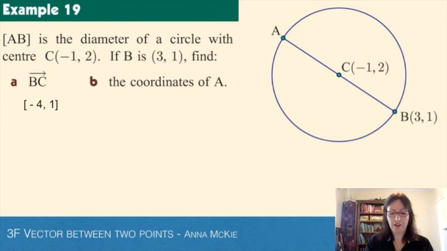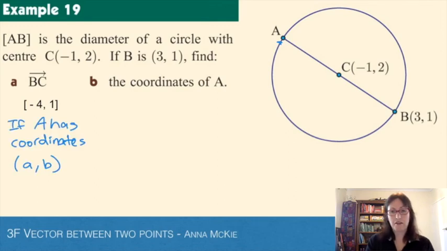So part 2 here, find the coordinates of A. Okay, so we don't know them yet. So let's let A have coordinates (a, b). First of all, let's work out what vector C to A is. So once again, you look at which letter is second. A is second, so we need to start with the components of A first.